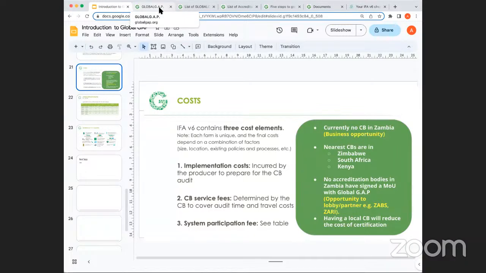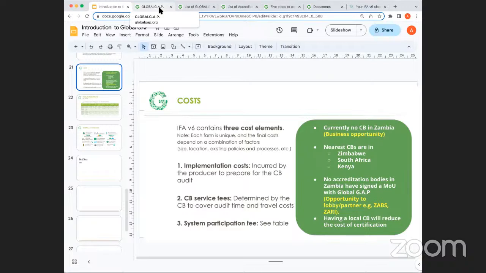And one more just to add there, it's also an opportunity. I know we've got good, bright minds here, and we're people who are in touch with our Bureau of Standards, with ZARI, with various bodies that could help. We could start to lobby to say, what if we had our own ZARI become an accrediting body that signs a memorandum of understanding with Global Gap?